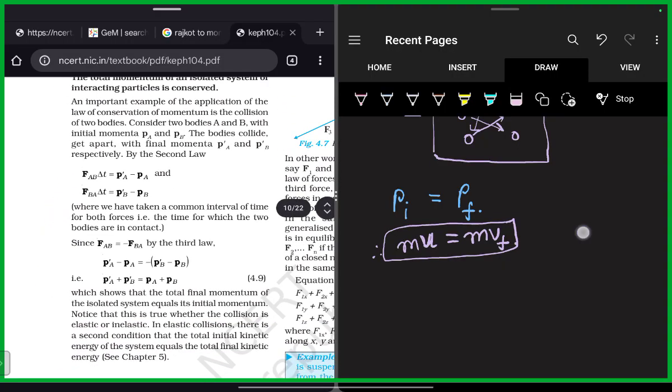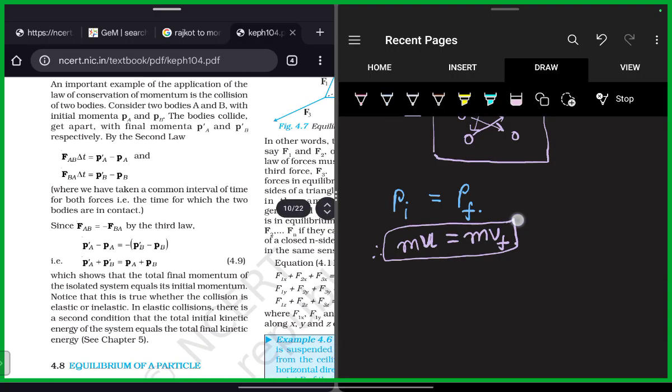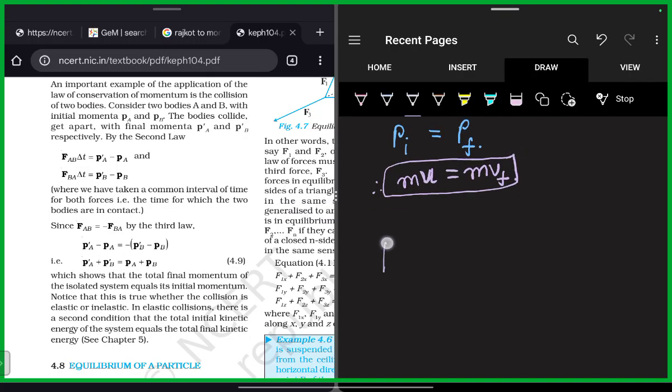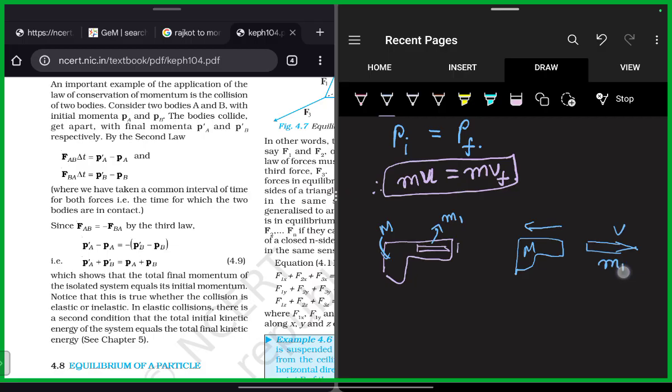For example, let's say we are firing a bullet from this gun. Let's say the mass of this gun is capital M and the mass of this bullet is m1. After firing, we know that it will impart some recoil on this gun. The bullet will travel with some velocity v in this direction.